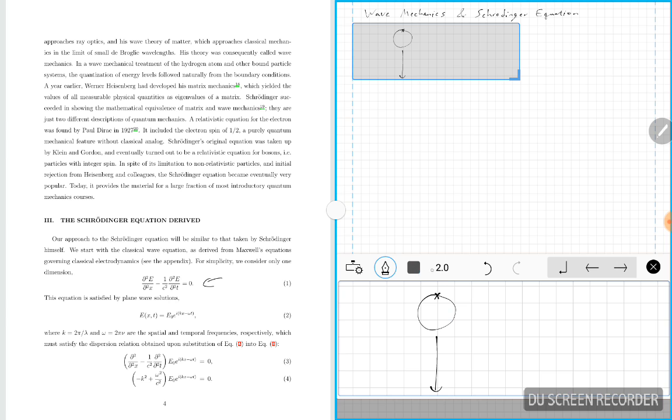It starts at position 0 here, and then at 90 degrees it is at the maximum position away from that initial position. Then it comes down another 90 degrees and it is back at 0.